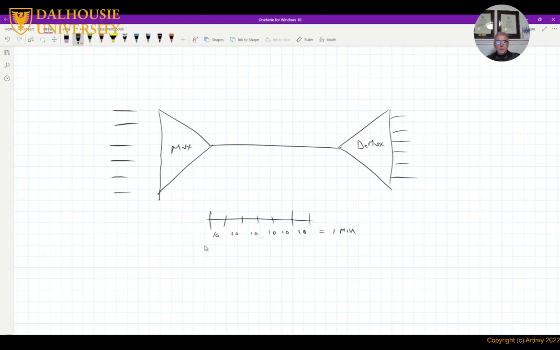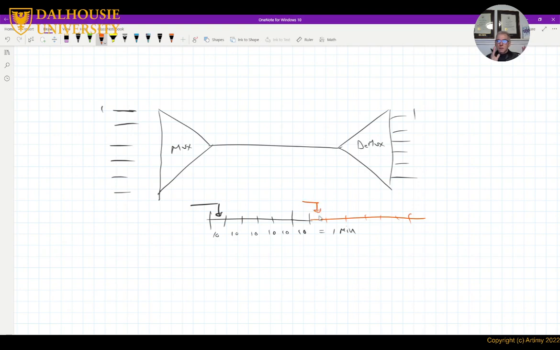Within this cycle, the first 10 seconds is allocated to the communication between the first pair of nodes. The second slot is allocated to the second pair, and the third, and so on. So the first pair wants to talk, so they put their data here in the first slot. Once the 10 seconds is over, they stop, and they have to wait until the second cycle to be able to send data again.